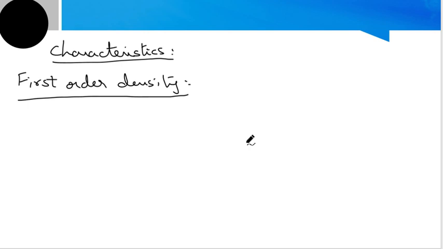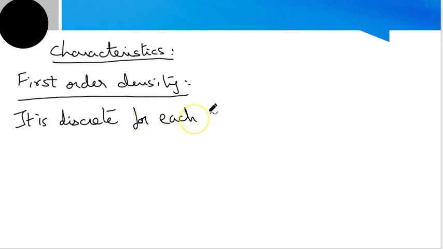Also, during each interval, the random variables are all the same. It is discrete for each t in the time interval capital T. This is very obvious because we compared this with tossing a coin, which is once again a discrete event.